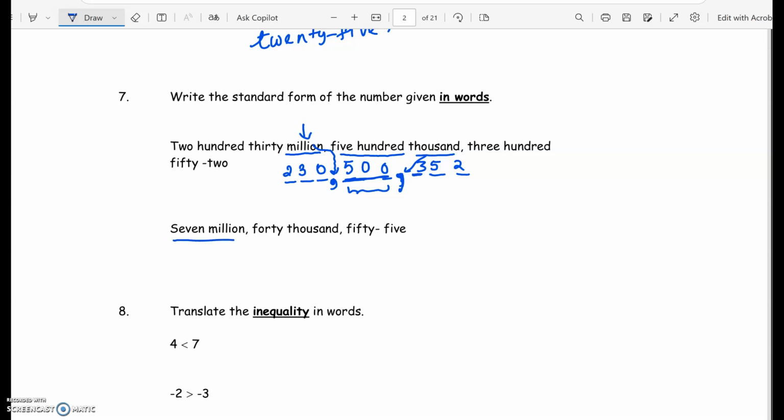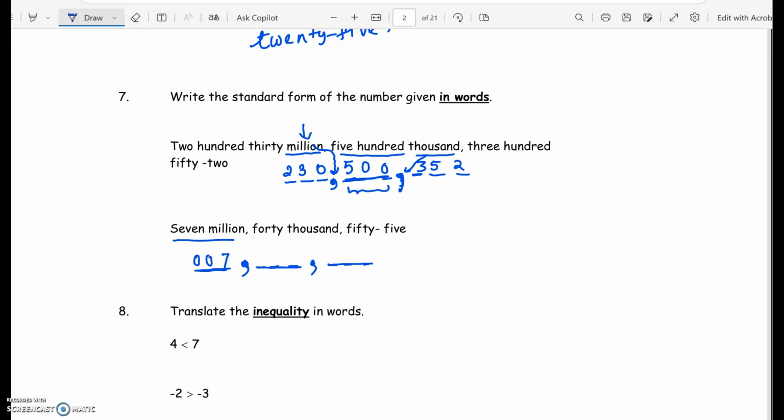Next, 7 million. So the number is in millions. You have the first period, the second, and the third. So the millions period, the thousands period, and the ones period. So this comma stands for millions, this comma stands for thousands. So 7 million. So basically these 2 digits are zeros.